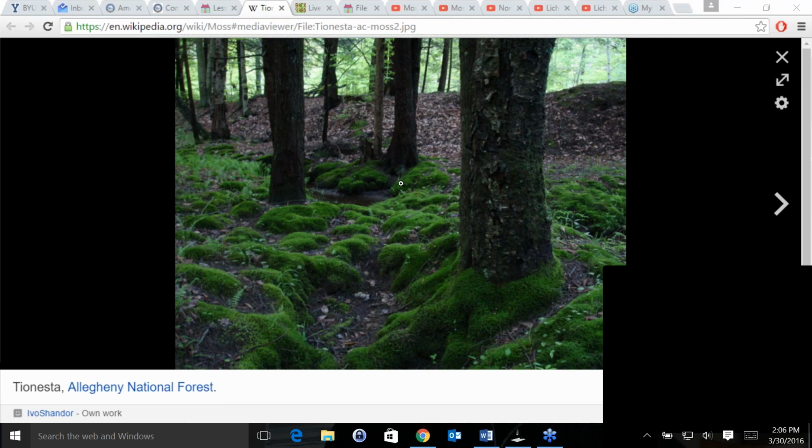Yes, so here in this area you see a little bit of a stream, so this is an area that probably gets more wet. On the higher elevation, it would probably be drier, and we don't see the moss growing.